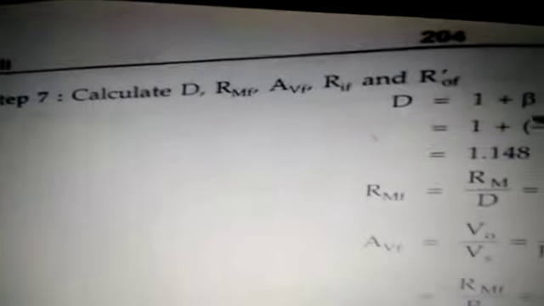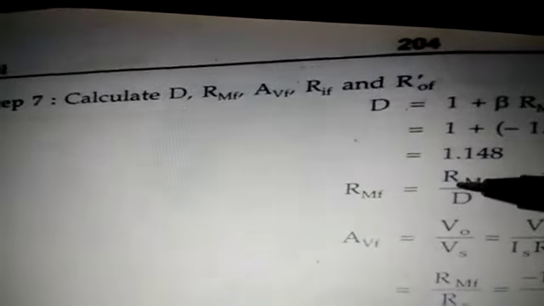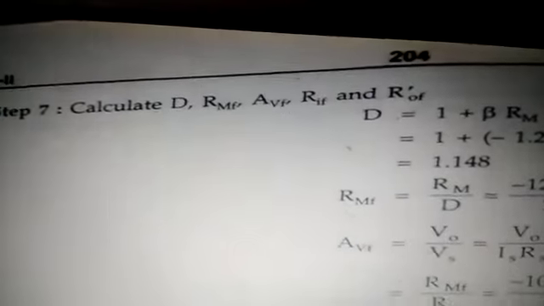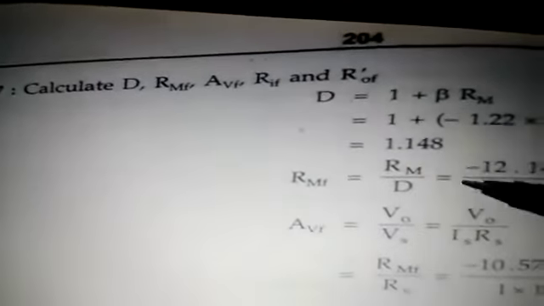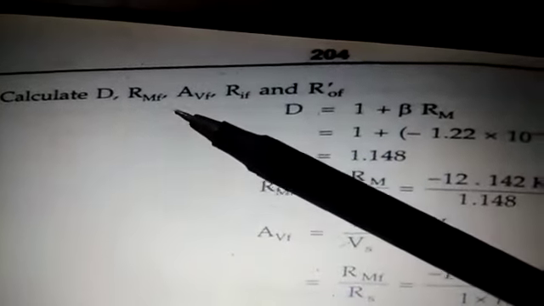Once you get these two values, then at step number 7 calculate D, that is the D factor. Then the resistance with feedback: voltage gain with feedback, input resistance with feedback and output resistance with feedback.